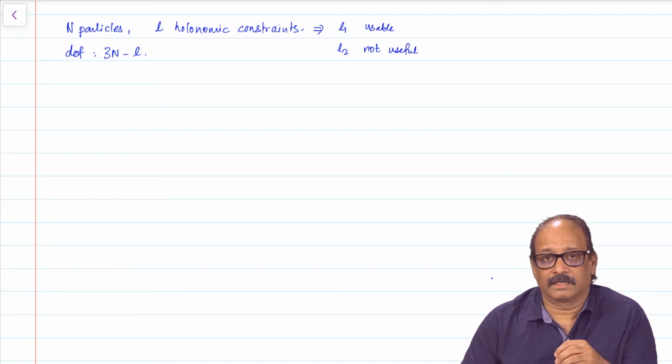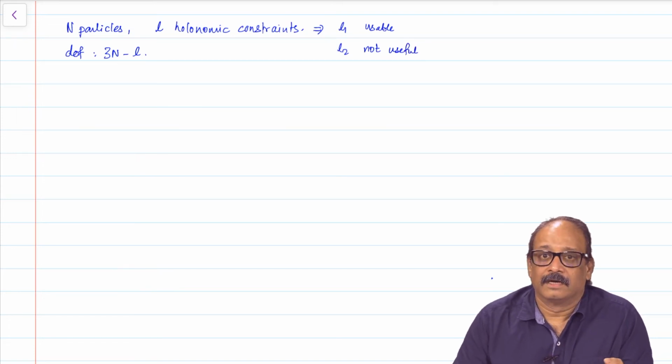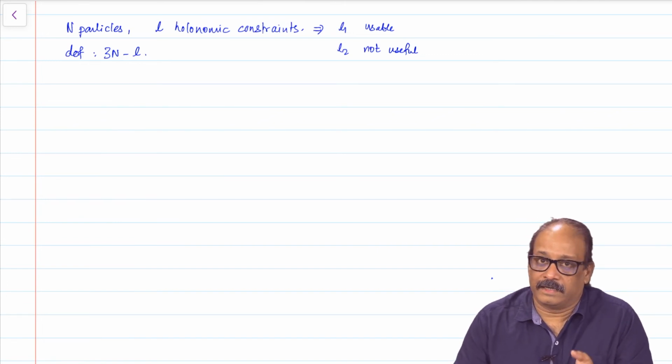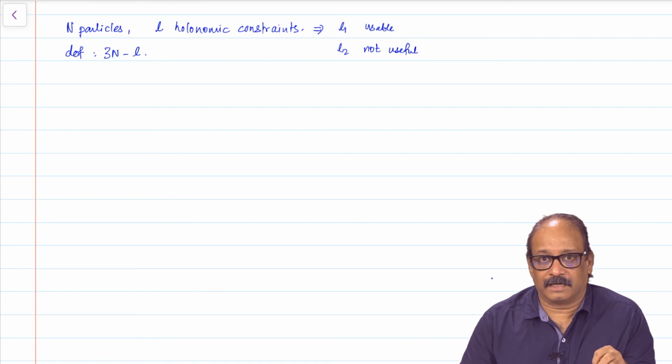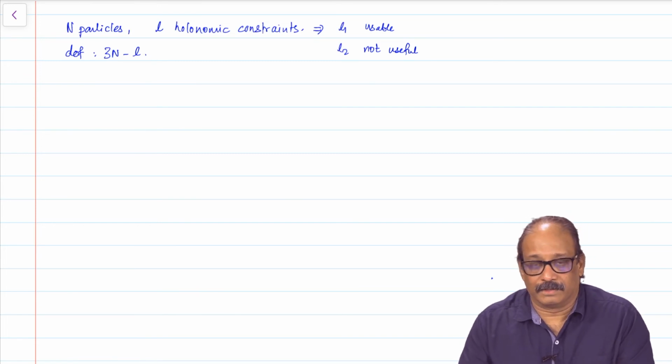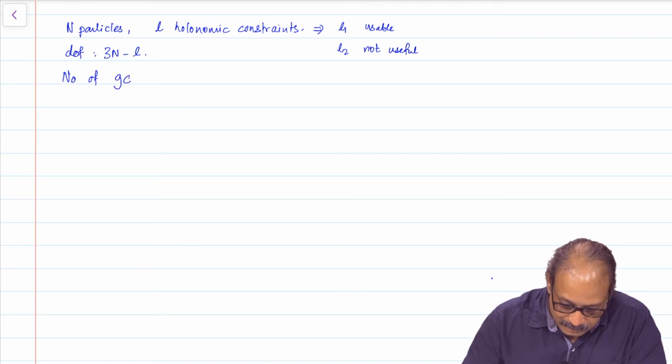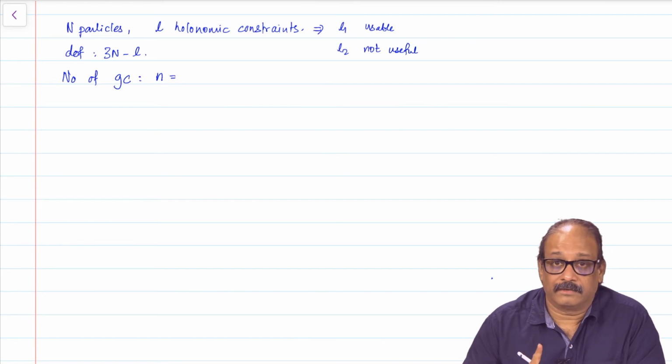Not useful means I cannot use these equations to reduce the number of variables, or I cannot find a set of generalized coordinates which will include this. So, the number of generalized coordinates in this case will be n, and that will be equal to 3N minus L1.